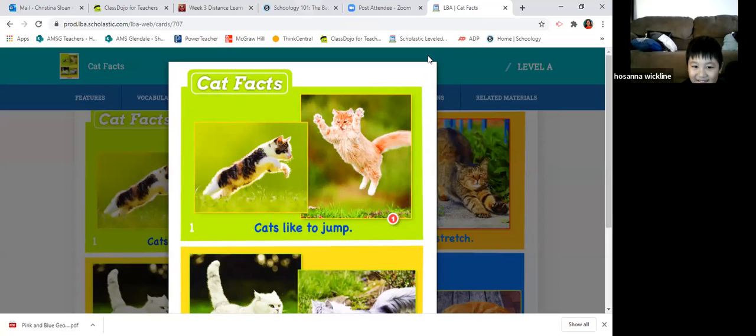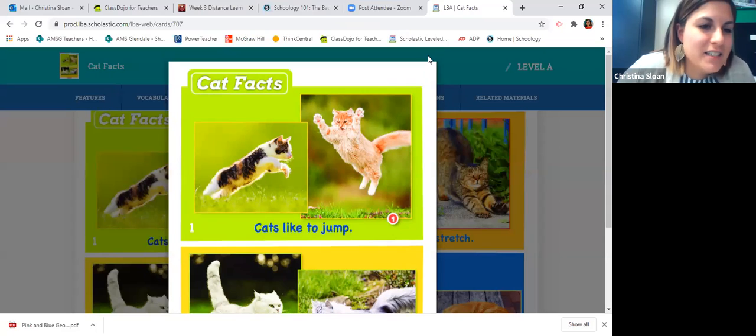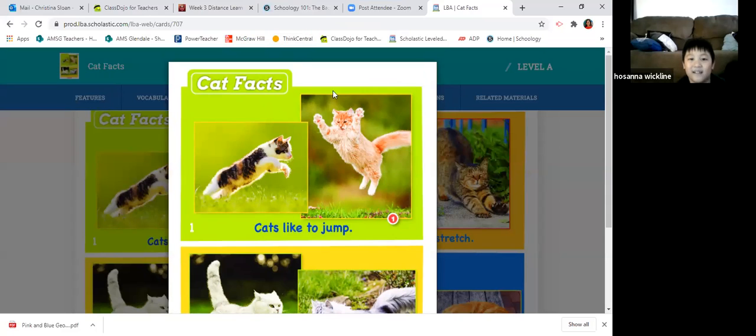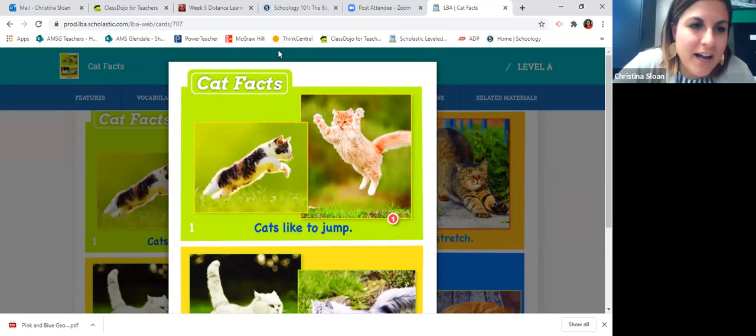I'm going to go ahead and put you back on mute, okay, Genesis? This is about cats, and it's called Cat Facts. This book is a nonfiction book because it tells us actual facts about something in real life.